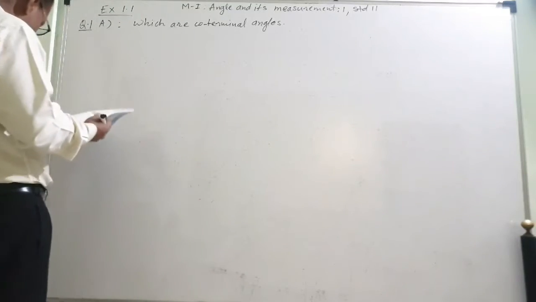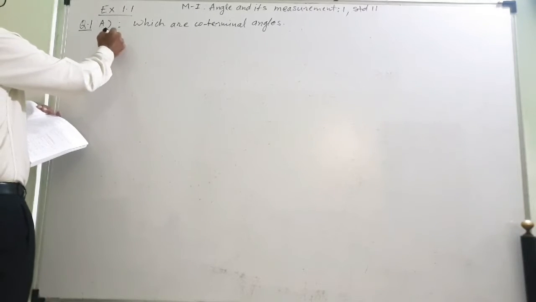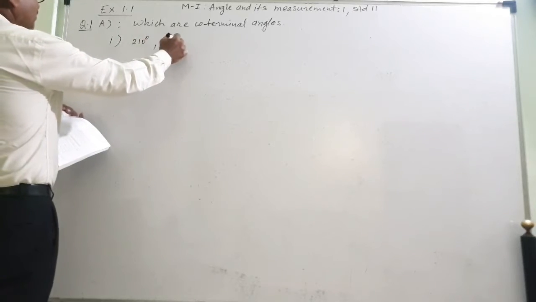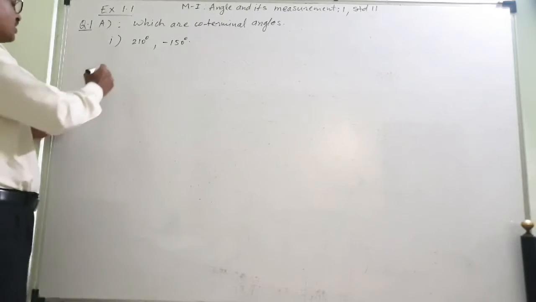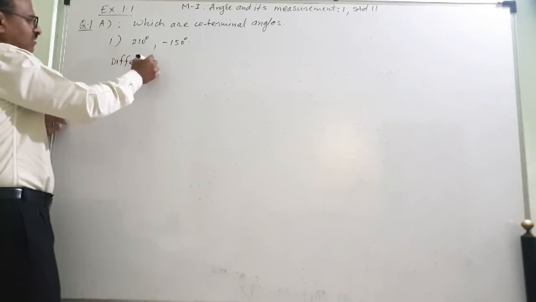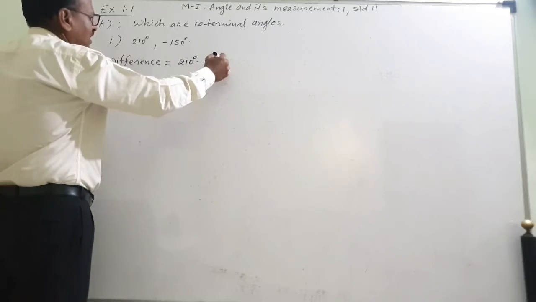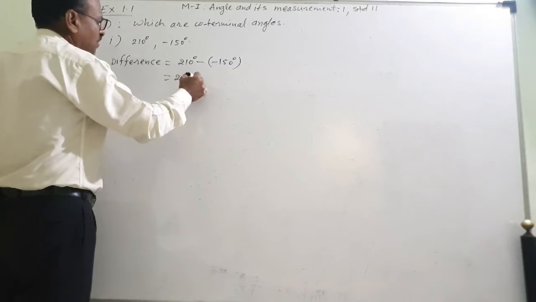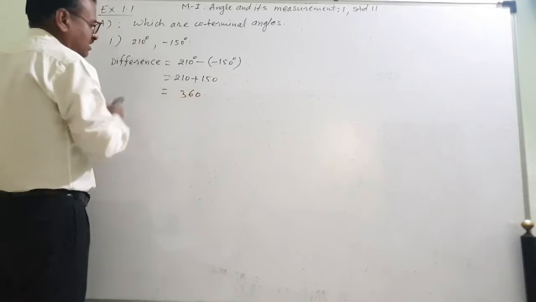One or two questions I will discuss through this. The first one, 210 degrees and minus 150 degrees. So the difference I will take. Difference is equal to 210 degrees minus of minus 150 degrees. That is equal to 210 plus 150, that is equal to 360.